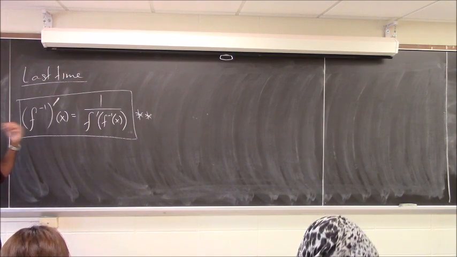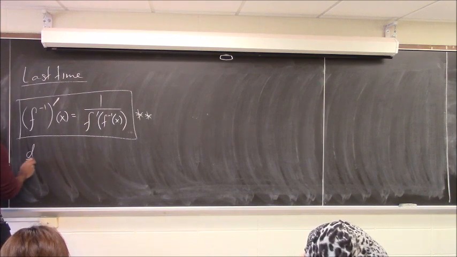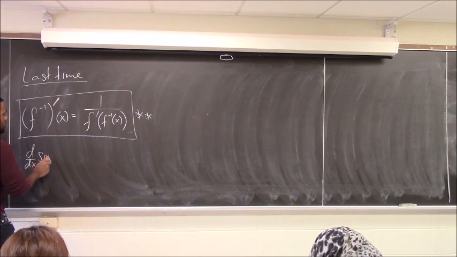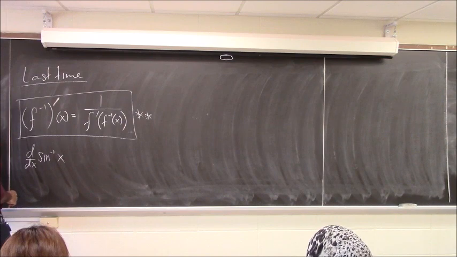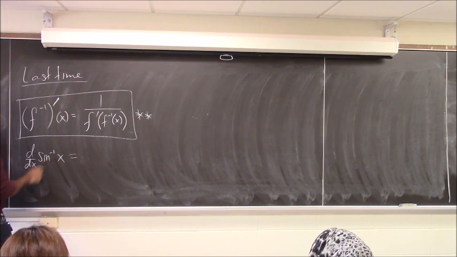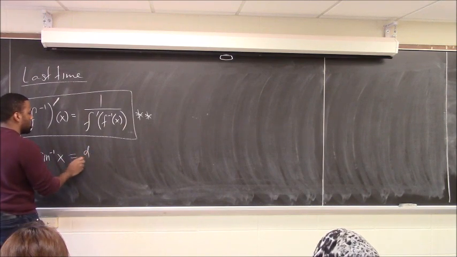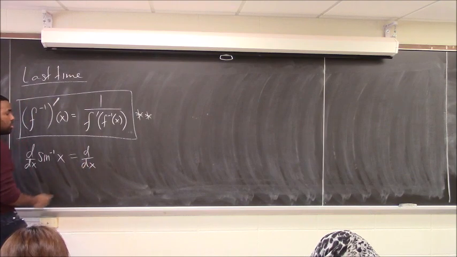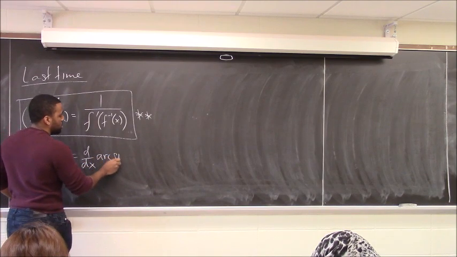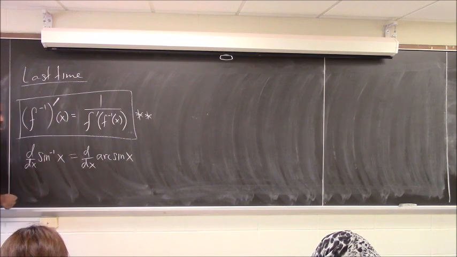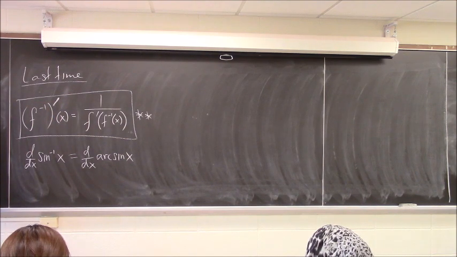And we derived, using this formula, the derivative of the inverse sine function. That's notation. Some people don't like the -1 notation because it also means 1 over in other contexts, but not this one. So an alternative notation for the sine inverse function is called arcsine. These mean the same thing.